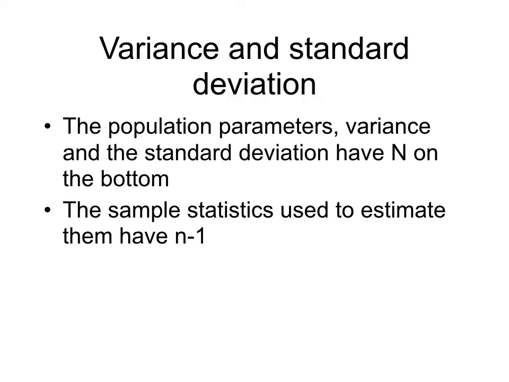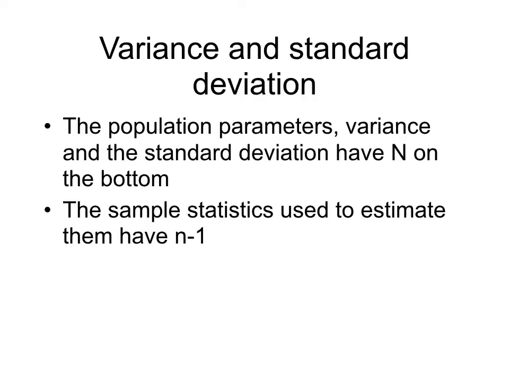A statistic is a number that you calculate that describes a sample. A parameter is a number that describes a population that you typically can't calculate because you don't have all the data. You don't usually have the whole population. You theoretically could, but practically you can't. It is typically an unknown number.